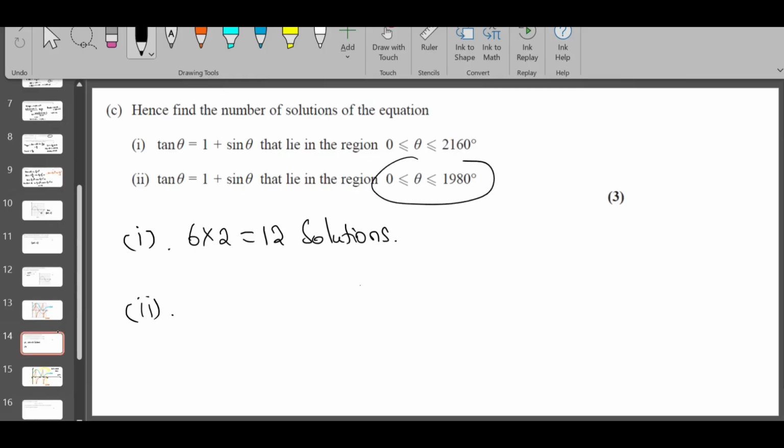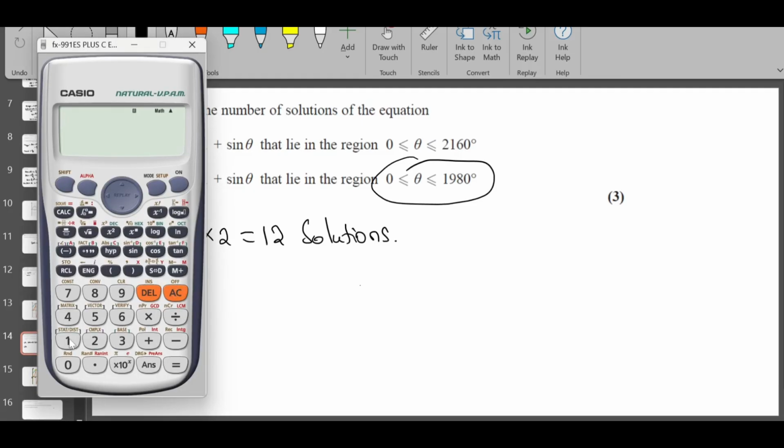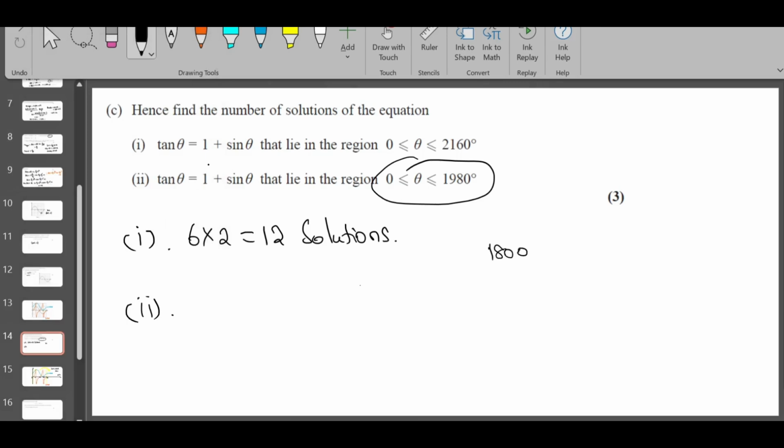Okay, part two now. How about 0 to 1980? Let's see how many 360s are there. 1980 divided by 360. That's 5.5. What does that mean? There are 5 360s there. You see, 5 times 360 is 1800. So it's basically 1800 plus another 180.